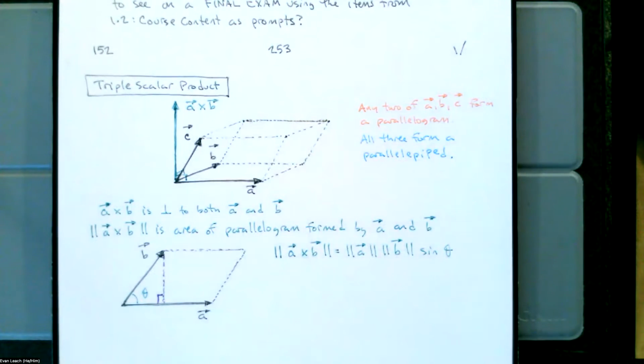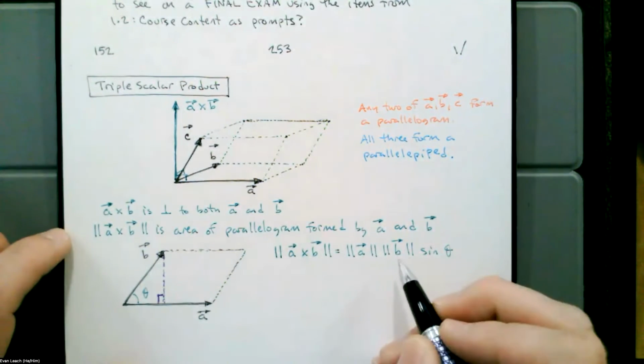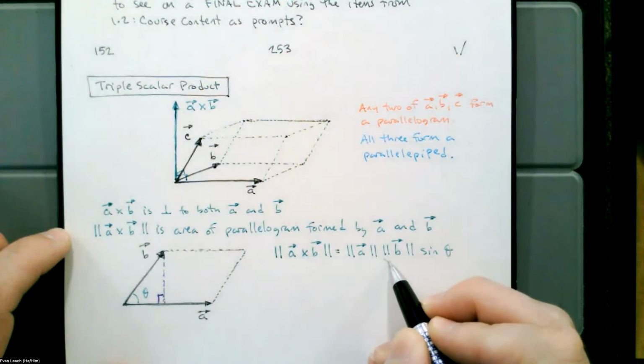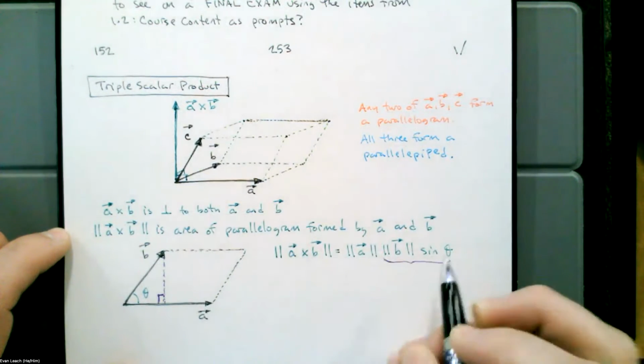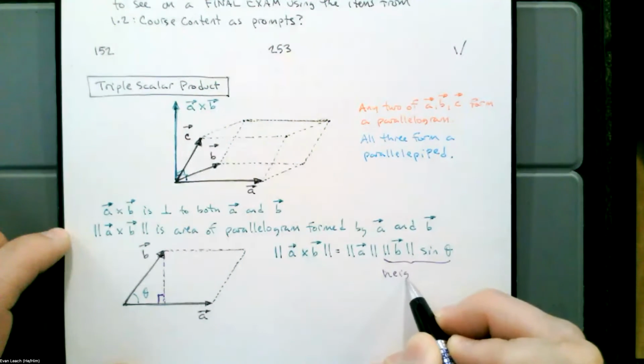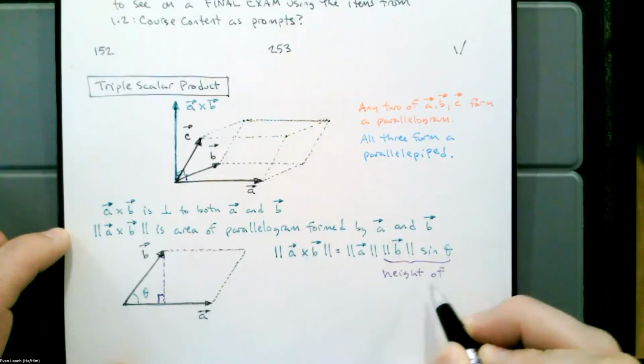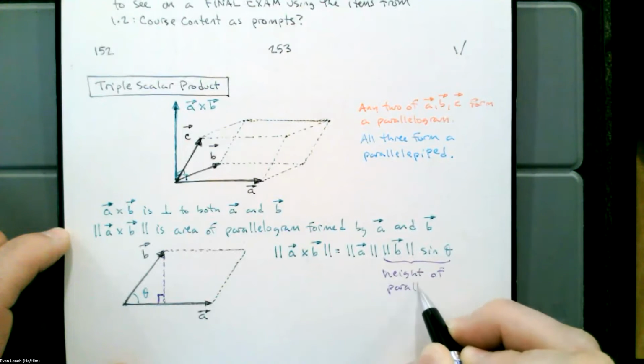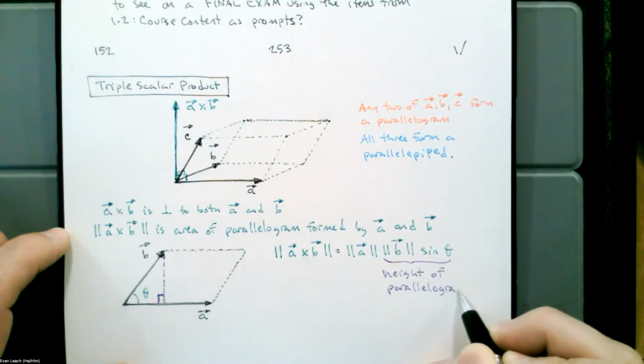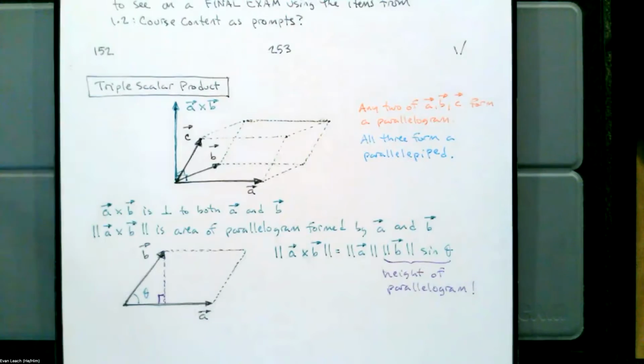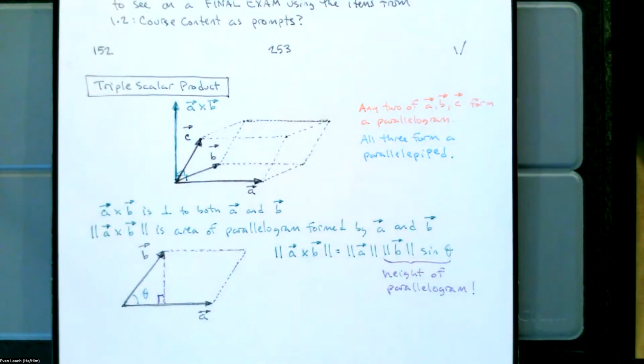I'm going to drop B down onto A. And so the height of the parallelogram will be the magnitude of B times the sine of the angle, because the height is opposite the angle theta. So the magnitude of B times the sine of theta is the height of the parallelogram.